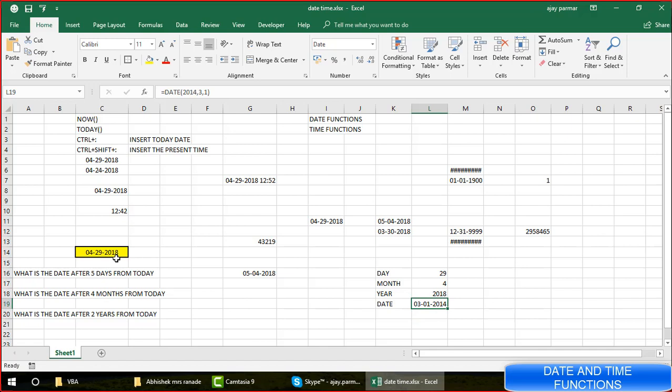Now when you know the functions, you should also know how we are going to use them in Excel. Learning is different actually, but you should know how these functions can be used. So we have a situation here that I want to check the date after 4 months. So instead of me calculating what is the next month and how many days it has, and then the next to next month and all that stuff, we will simply do one thing.